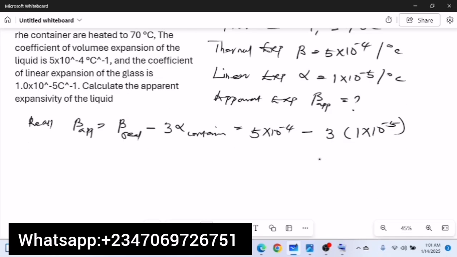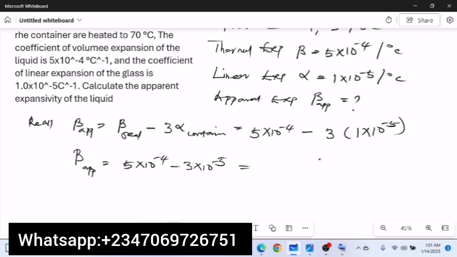So if you do this, you have your apparent expansivity to now be equal to 5 by 10 to the power of -4 minus 3 by 10 to the power of -5.